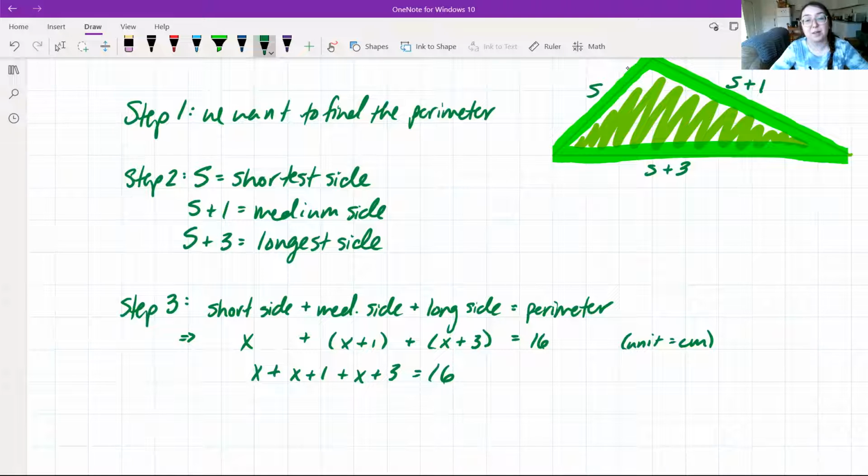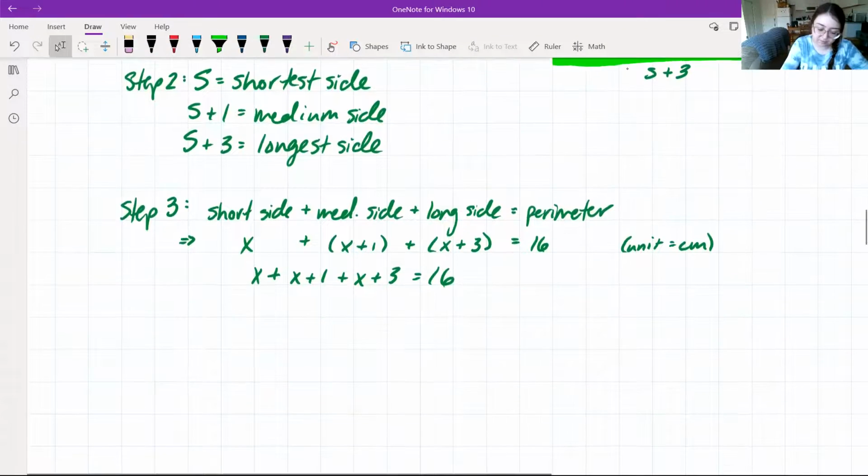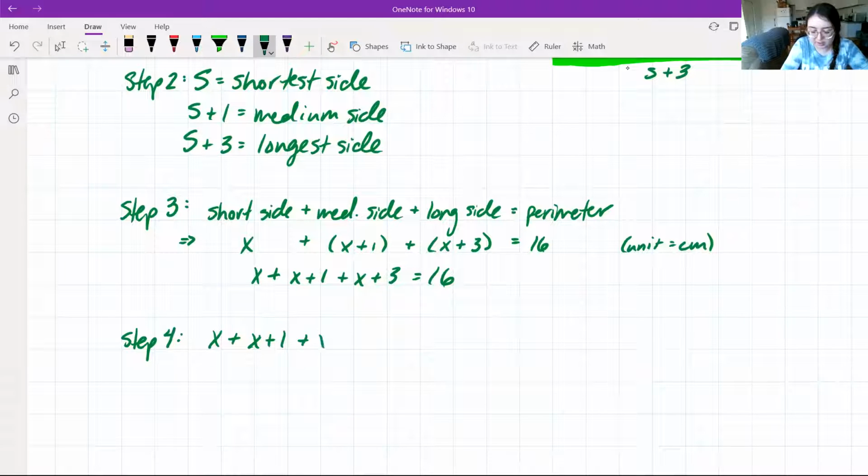Now step 4, we want to solve. So step 4, we solve our equation, which is x plus x plus 1 plus x plus 3 is equal to 16. And we want to combine our like terms. So we have 3 x's, we combine those terms, we get 3x.